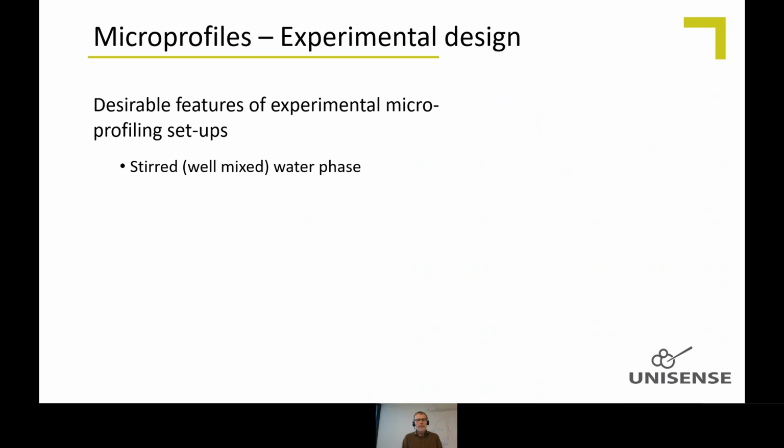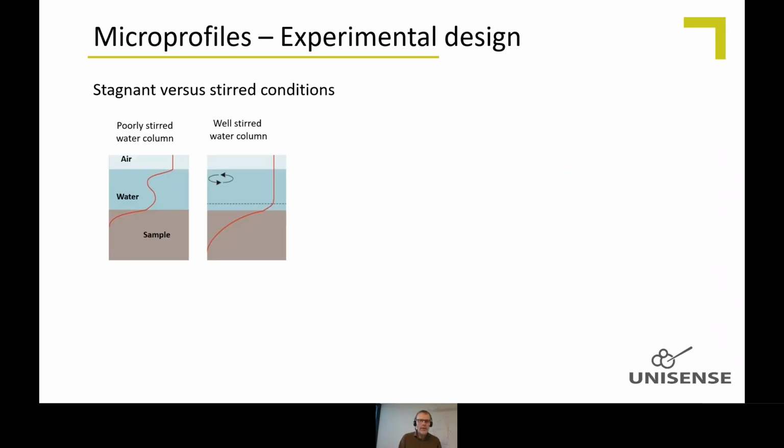So the desired features for such a setup: a stirred and well-mixed water phase. The reason is that if you have a poorly stirred water column, or not stirred at all, there will still be a little bit of mixing. For example, cooling of the water at the surface due to evaporation will cause dense water that will sink and make a sluggish circulation.